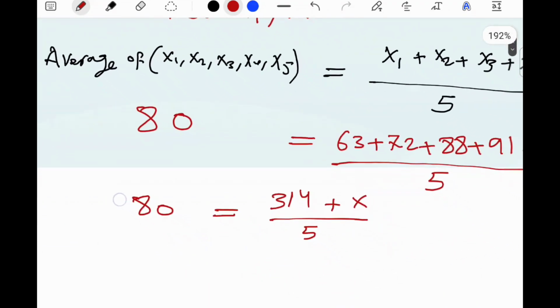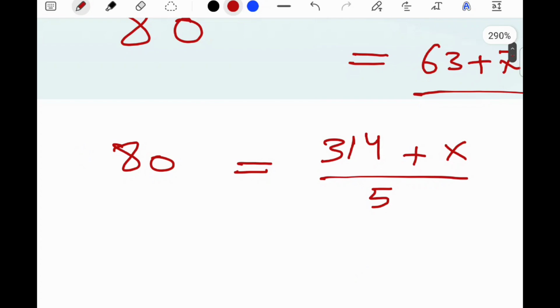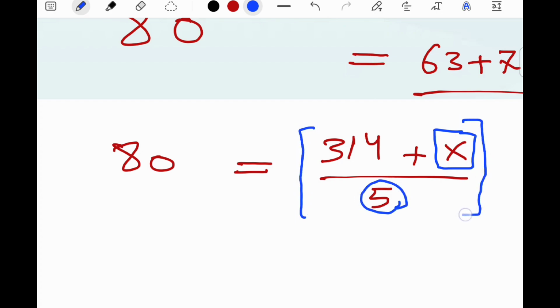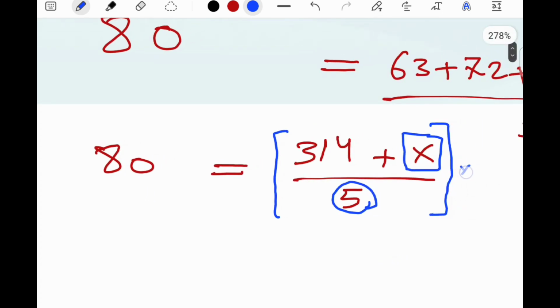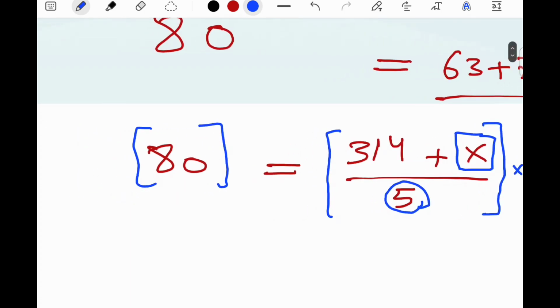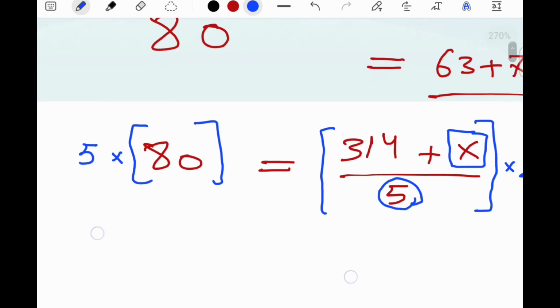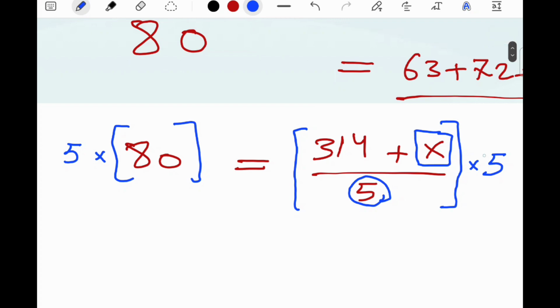So let's focus on this equation. In order to find x, first of all we need to get rid of the 5 by multiplying the right hand side by 5, and at the same time we must multiply the left hand side by the same amount. So the 5s cancel out, and 5 times 80 is 400, equal to 314 plus x.